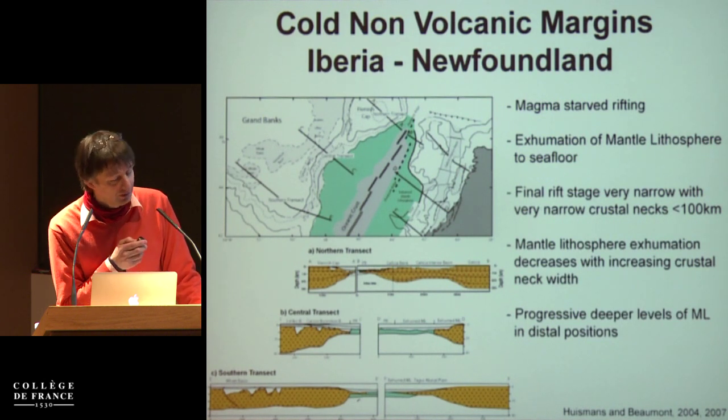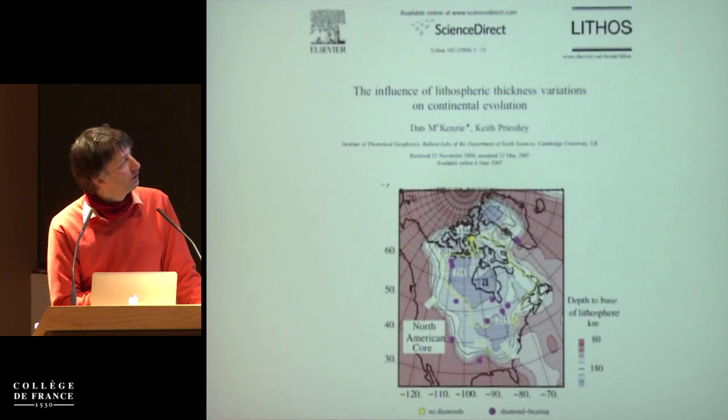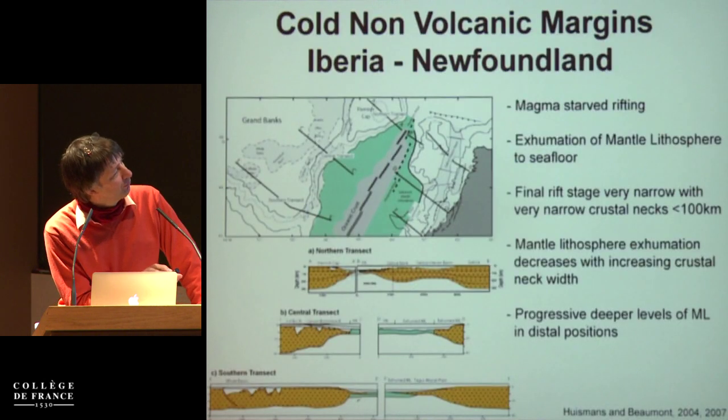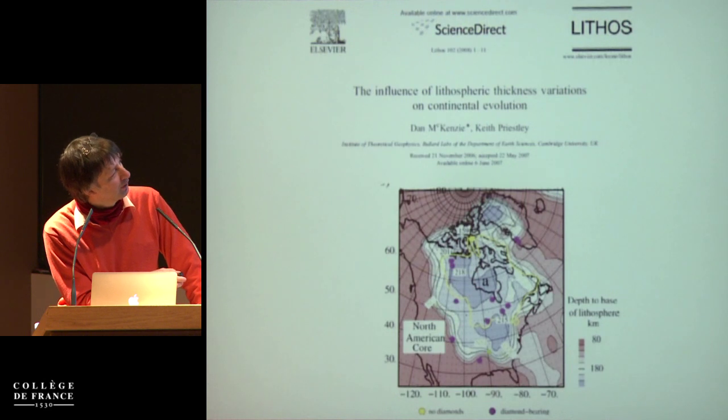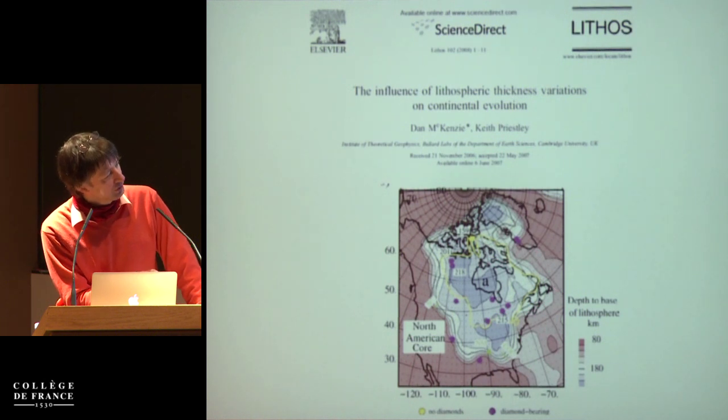And so what we did now as well, we included, just to back this up with some more data, actually the same authors, De Mackenzie, Keith Priestley, argue for mantle lithosphere extending out into the rifted margin here, where it becomes very non-volcanic in Nova Scotia and Newfoundland, here on the east coast of Canada.